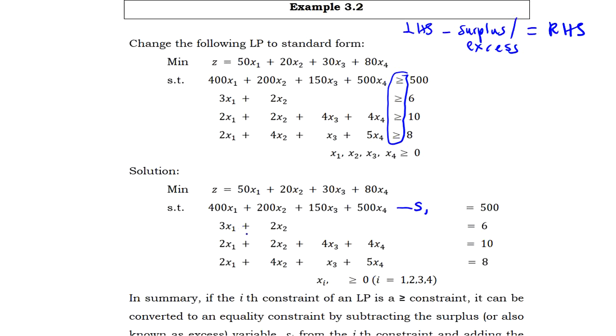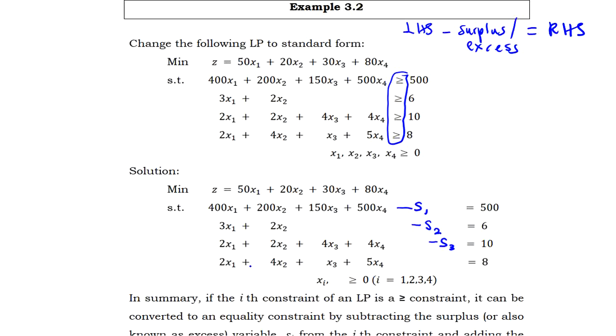Second constraint, 3x1 plus 2x2, also greater than or equal to, so we subtract s2, equals the right hand side, which is 6. Third constraint, 2x1 plus 2x2 plus 4x3 plus 4x4, greater than or equal to, so minus whatever surplus we have, s3, equals 10.